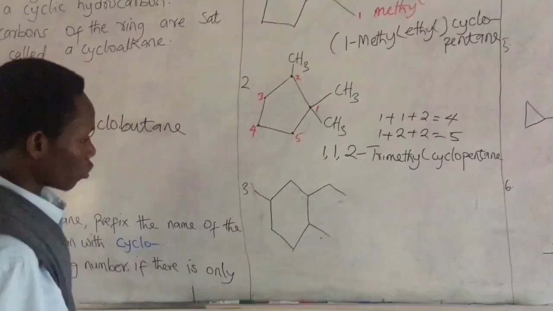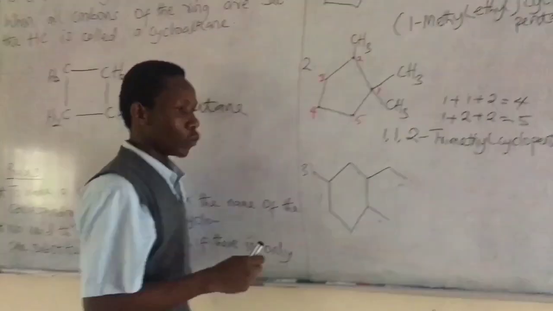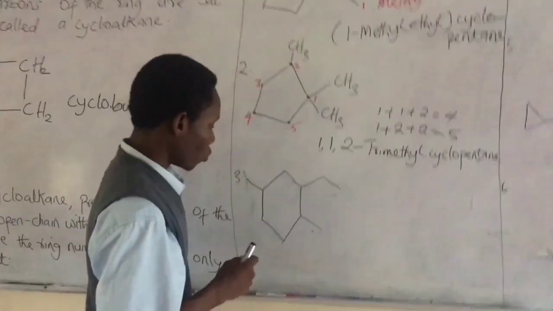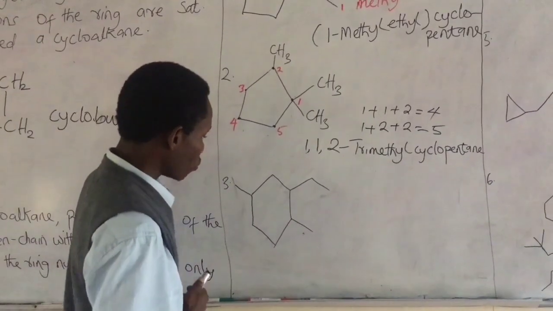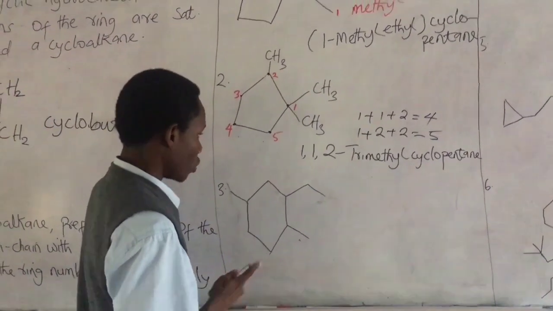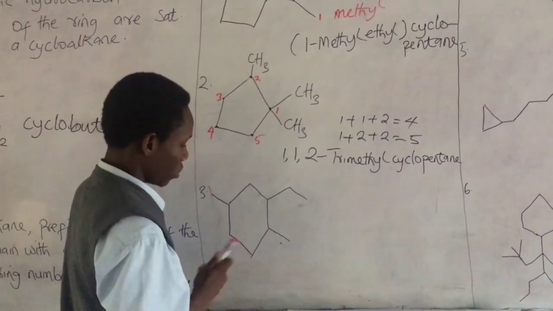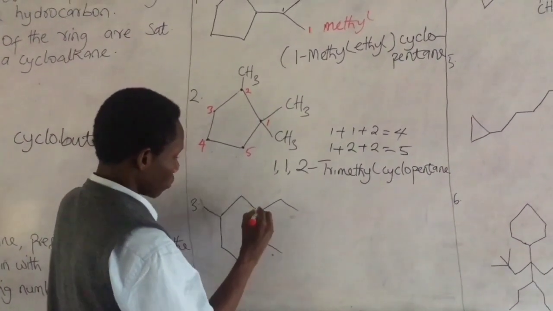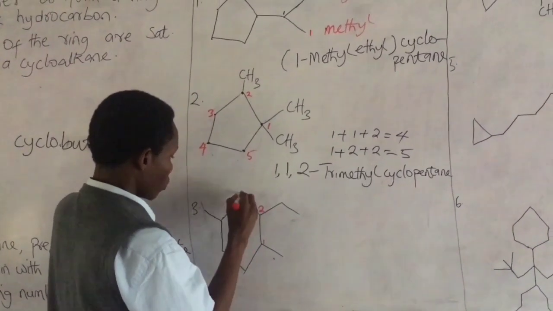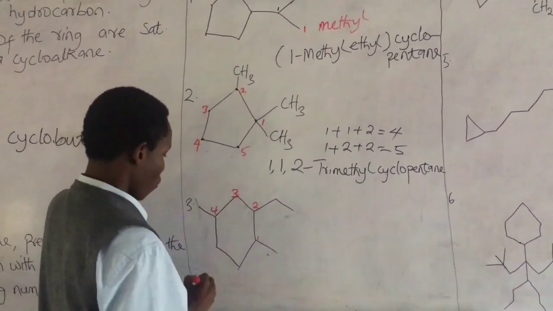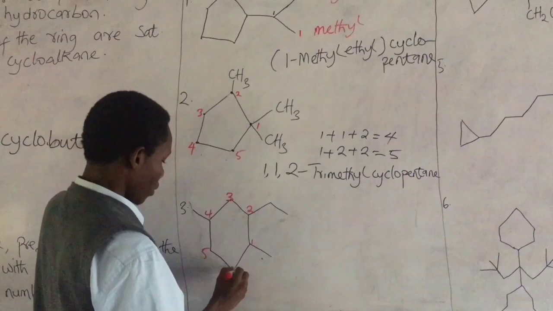I know you think it's somehow complicated, but if we follow the rules, it is also very simple. Let's do our numbering. Let's use a red marker. I love using red marker for numbering. This is 1, 2, 3, 4, 5, and 6.